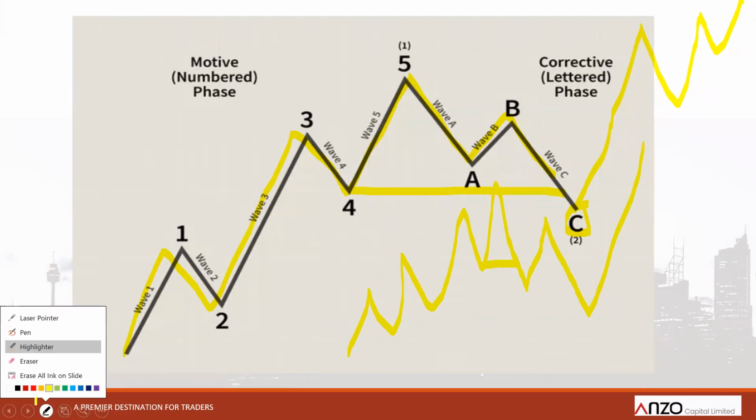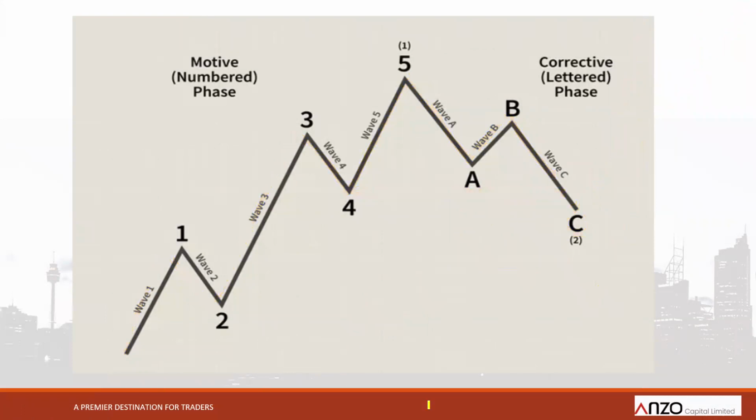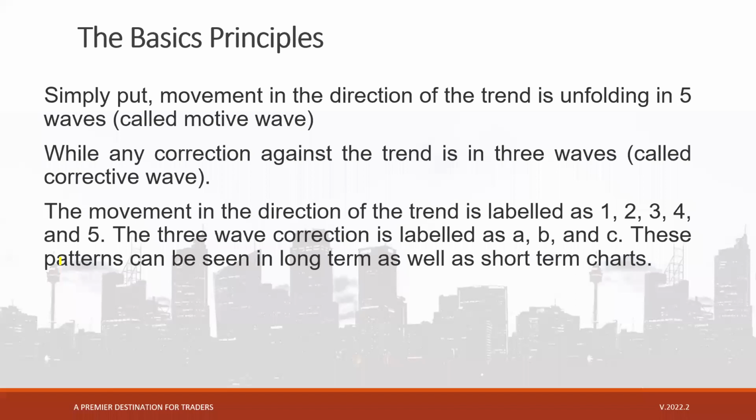Now, don't worry, I'll show you this on the chart with some examples, and we're going to try and make sense of it. Now, what's the basic principle? Simply put, the movement in the direction of a trend is unfolding in 5 waves. Now, just because I put 5 waves here doesn't mean it can't be 4 or it can't be 6. You just need to understand what the overall trend is.